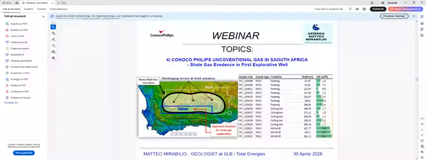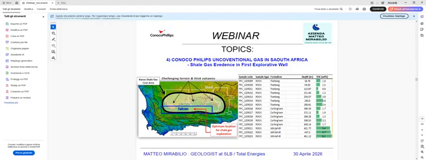This is the data from the first well appraisal. We have the sample rock, the Tyberg, the Collingham and the Whitehill. The depth is around here, you can see the value of TOC.